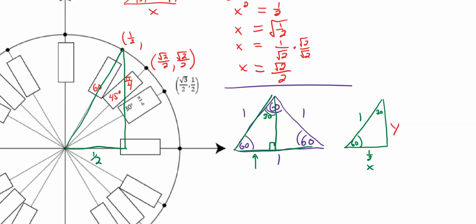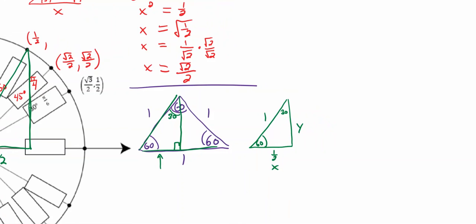We just have to find our y value, which would be the height up and down here. To do that, let's do Pythagorean theorem again. So we can start off by saying x squared plus y squared is equal to 1 squared, or just 1. Now I'm just looking for y, but the good news is I have x this time. So this is really 1/2 squared plus y squared is equal to 1 squared.